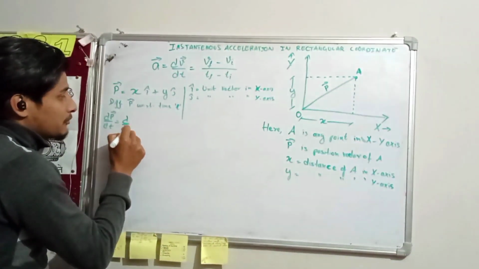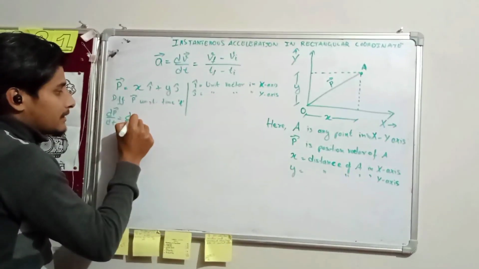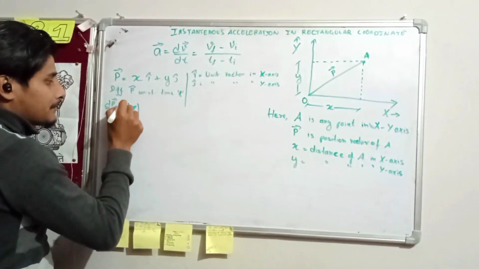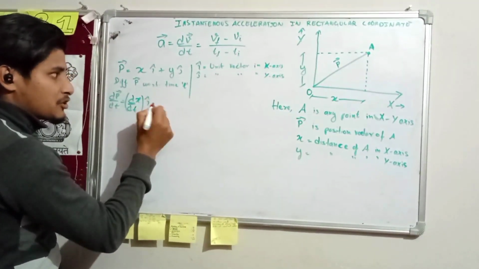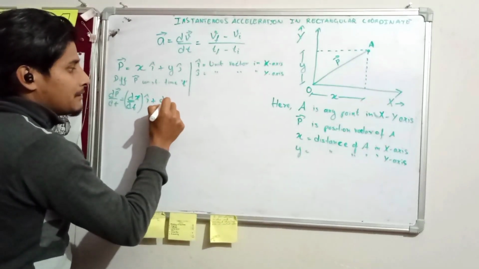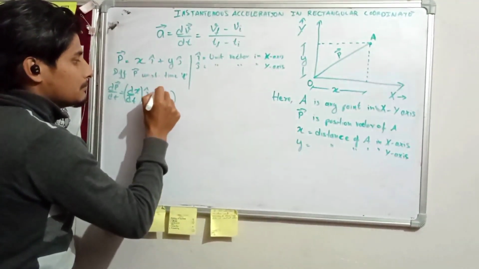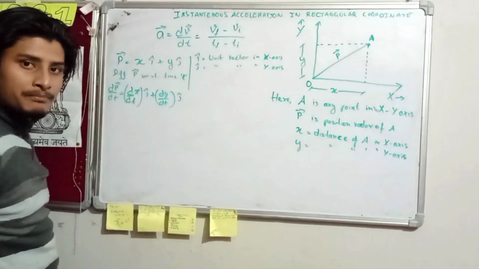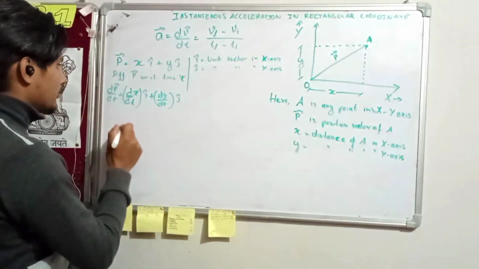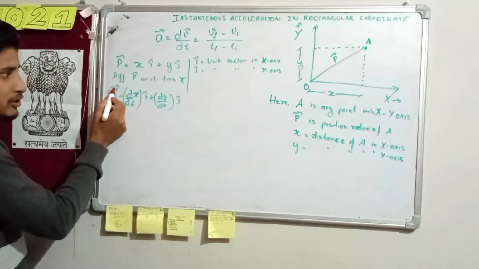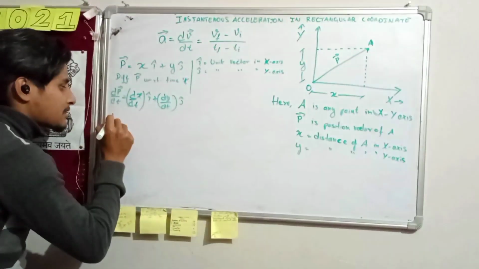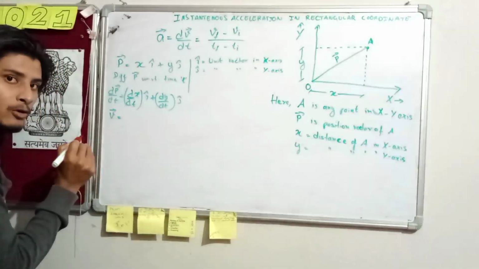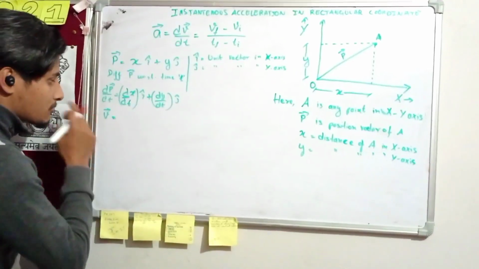If you differentiate this, dx by dt is the differentiation, i cap is my direction, and dy divided by dt is my j cap, right? So I can also write this position vector's derivative with respect to time as my velocity. I hope you get this, right? This is my velocity.